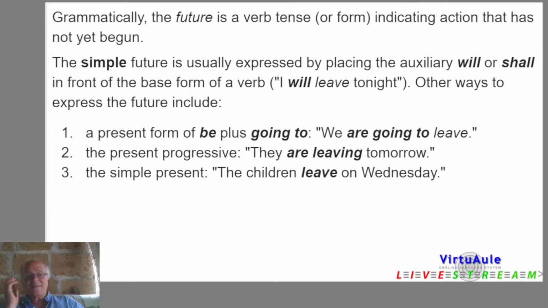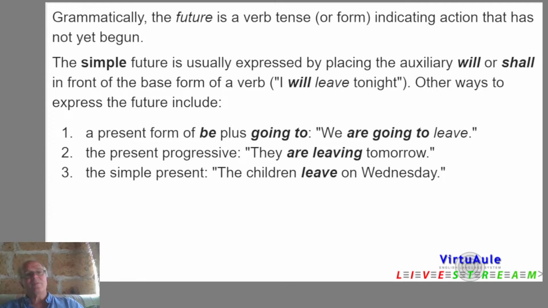So if I say instead, hey, George, I'm visiting my mother tonight, now I am using the present progressive to talk about something that is programmed, something that is on my agenda. And you understand, because of the word tonight or any other reference to the future time, that it will change the meaning from the present to the future.